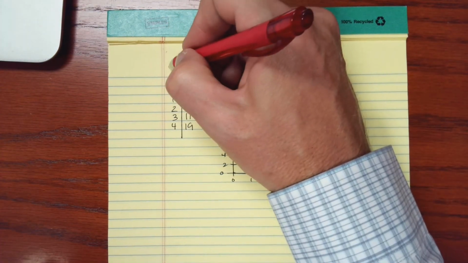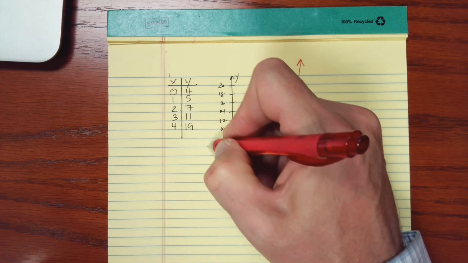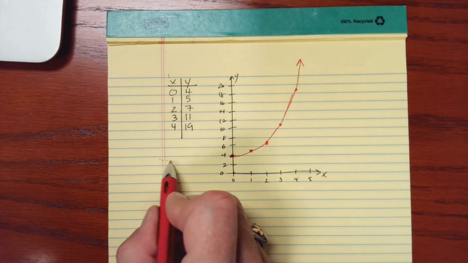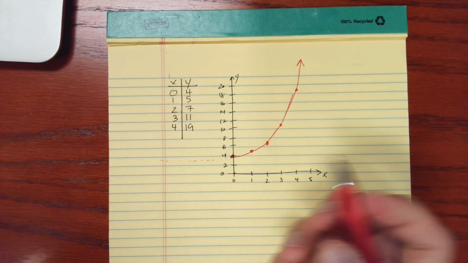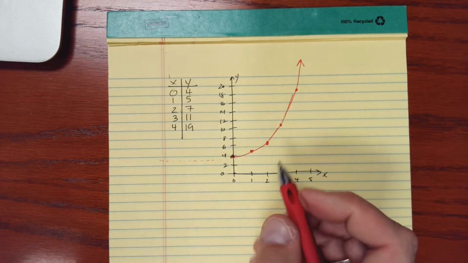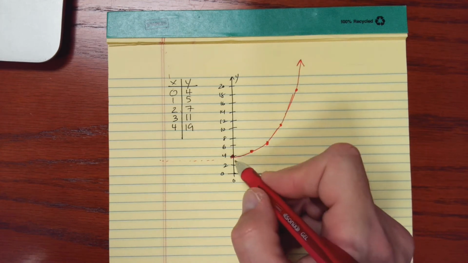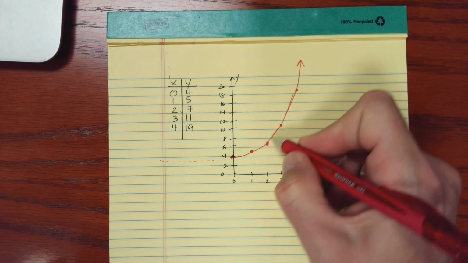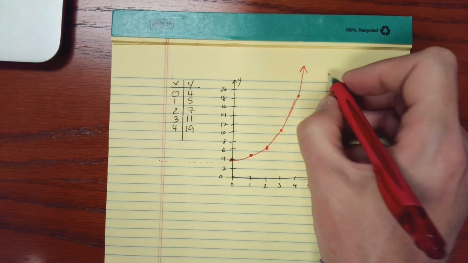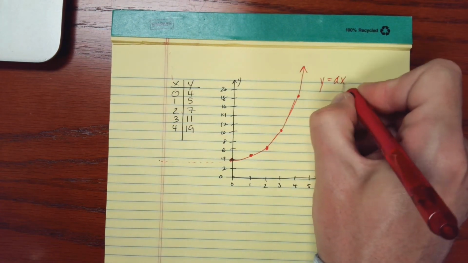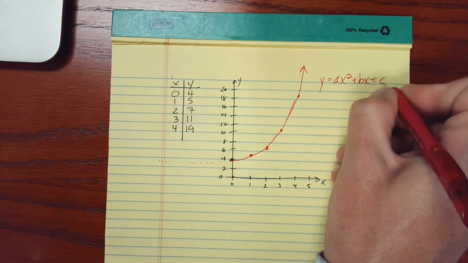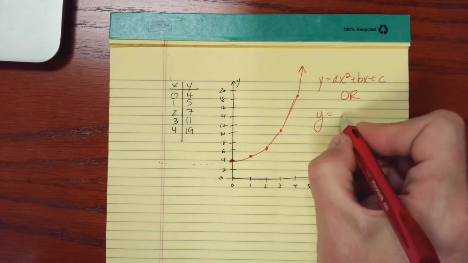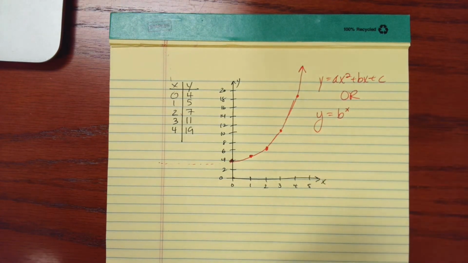So, we don't know for sure if this would continue on the other side like this, in which case it would be a parabola, or if it just continues to decrease like this, in which case it would be exponential. Another clue can be how quickly this increases. So I'll show you in your calculator how you can determine which is better. Should we use y equals ax squared plus bx plus c? Or should we use y equals some base to a power?